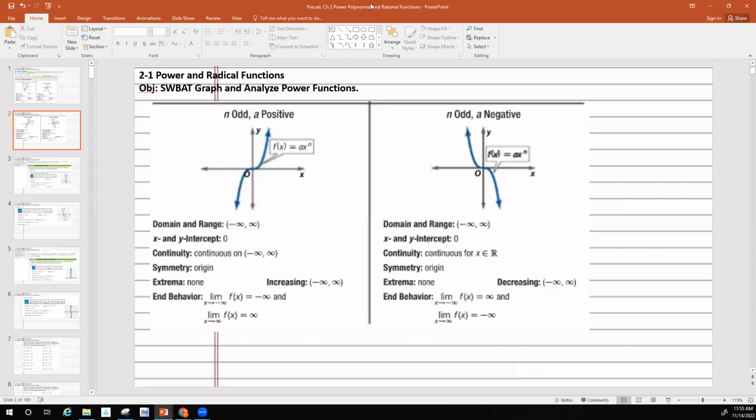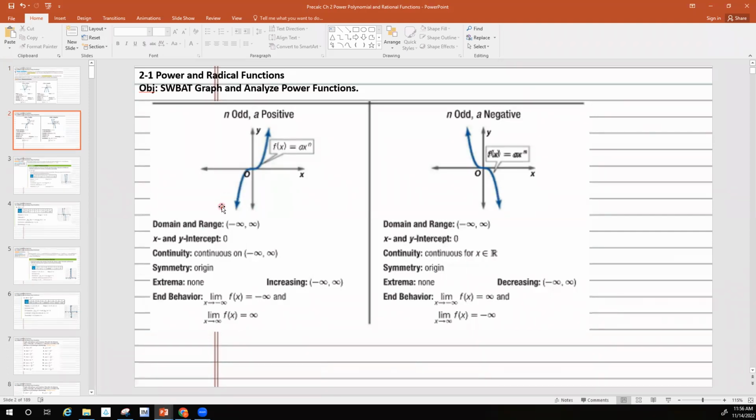All right. Now, the other two cases are if the power is odd. If it's an odd number, one side is going up and the other side is going down. And if the a is positive, then it's going up as you go to the right.